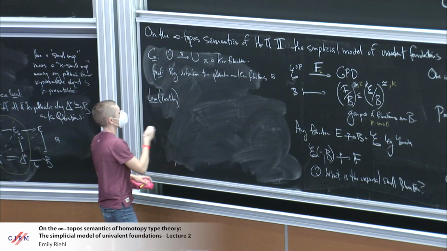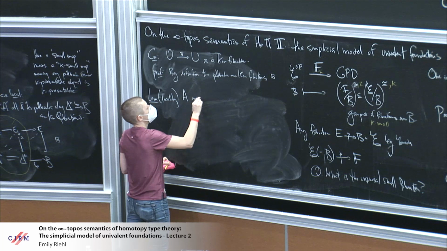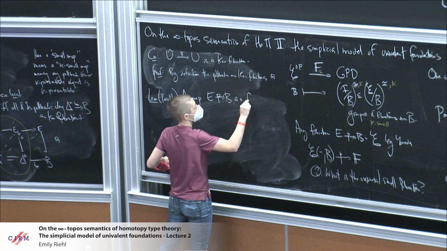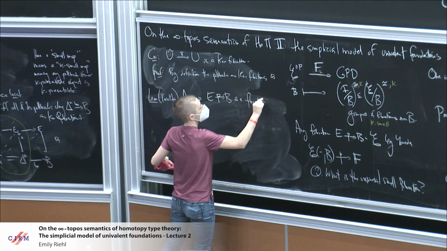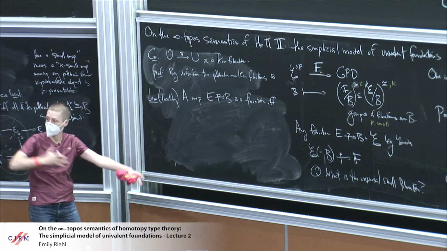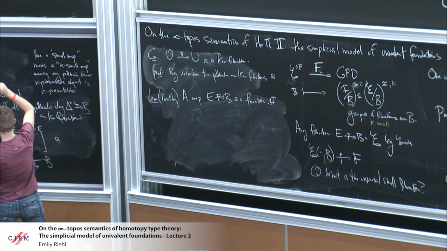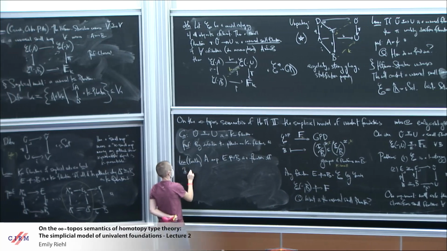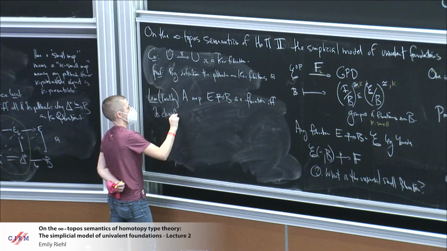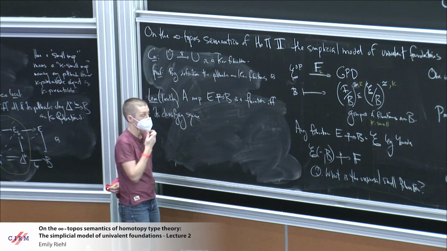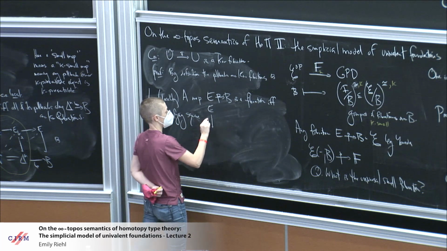It says that a map of simplicial sets is a cofibration if and only if its classifying square to the Hofmann-Streicher universe factors through the pullback, which I have here. So if and only if its classifying square, really any classifying square to the Hofmann-Streicher universe.